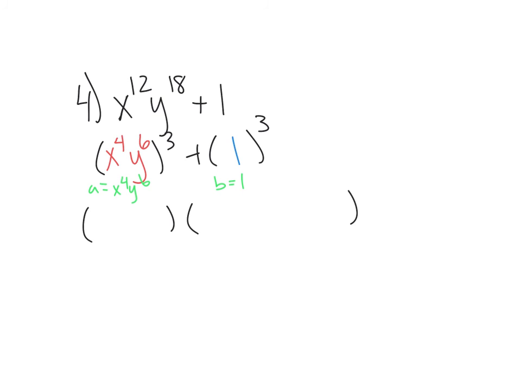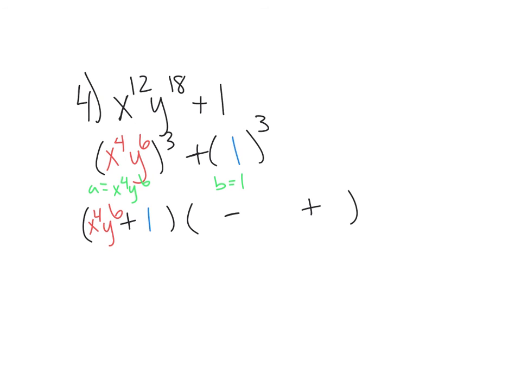And I like to write the signs first. Since this is a sum of cubes, the first sign is positive, the second sign is negative, and the third one is always positive. So I start with my a. What is my a? My a is x to the 4th, y to the 6th, plus b. What's my b? 1.